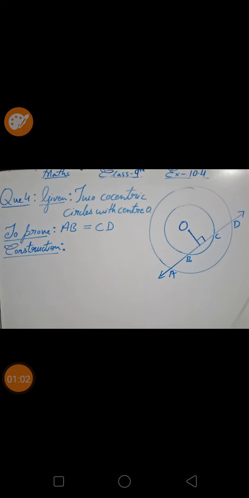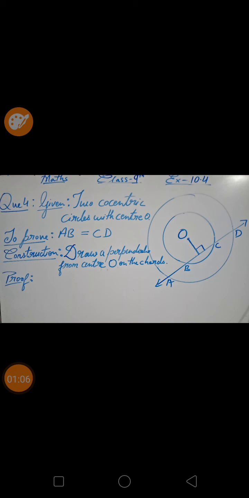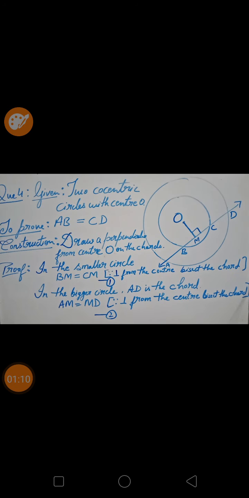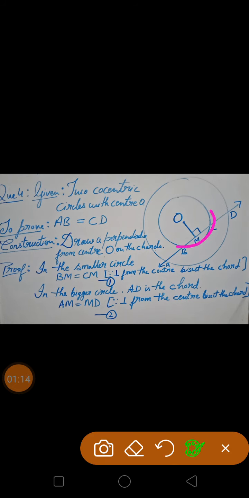So draw a perpendicular from the center. Then we will take the smaller circle first, and we can see BC is the chord of this smaller circle, and this is the center.